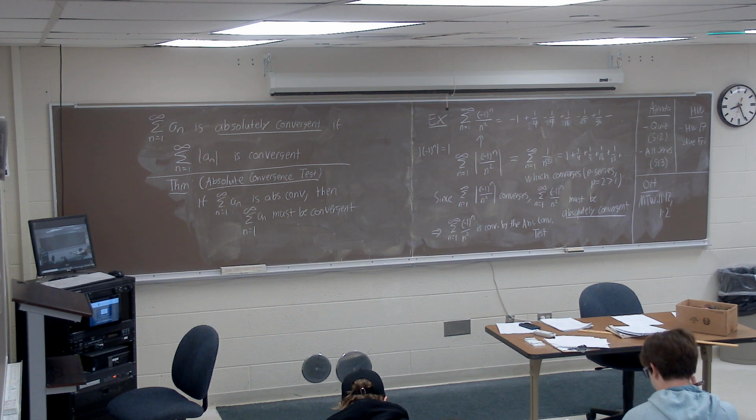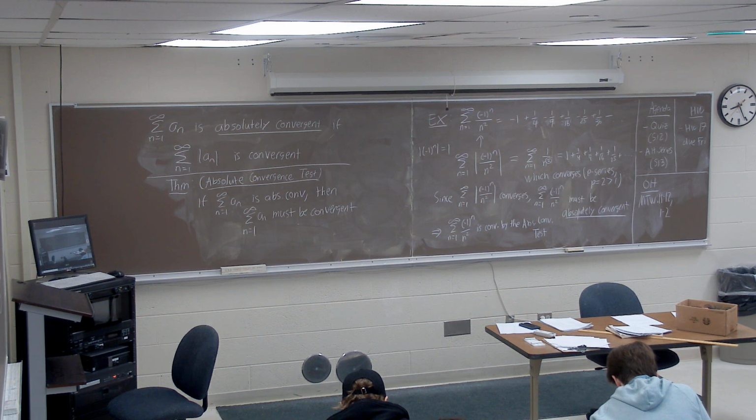Does it converge if P is greater than 1? What's our P here? 3. Yeah, we could write this as a sum, in other words, from n equals 1 to infinity of 1 over n cubed.